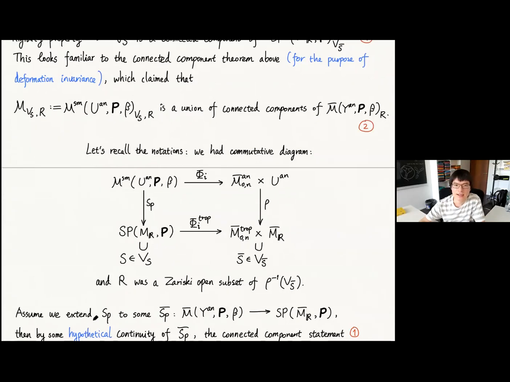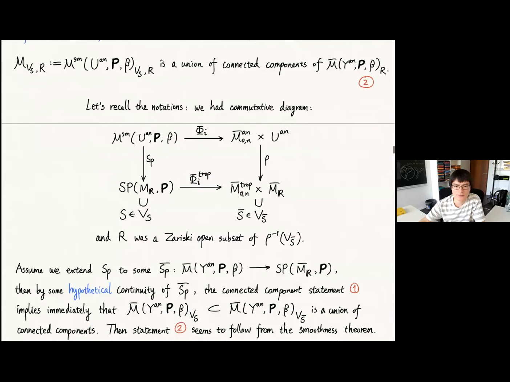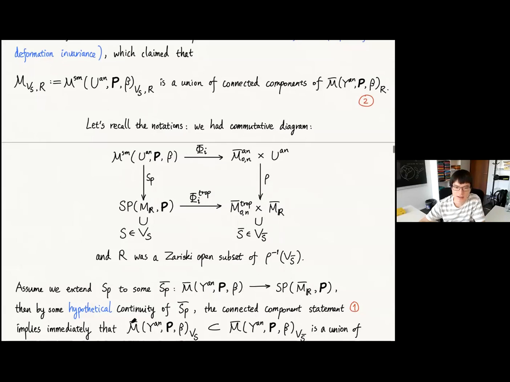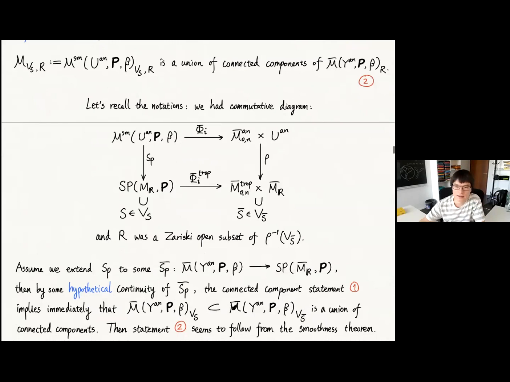Assume we can extend the map SP to some SP bar from the proper moduli stack to the space of spines in the compactified skeleton MR. Then by some hypothetical continuity of this extension SP bar, the connected component statement 1 implies immediately that the proper moduli stack restricted to Vs is contained in the proper moduli stack restricted to Vs bar as a union of connected components.